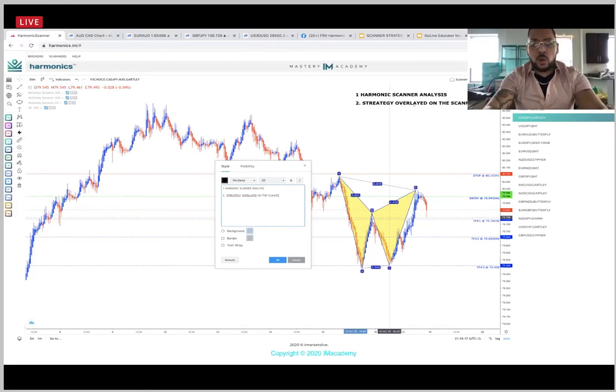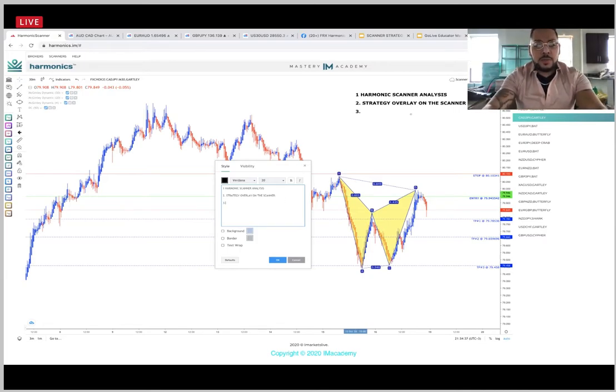I think I spelled that all wrong. Strategy. Don't judge me, I can't think, type, talk, and text. We have strategies overlaid on the scanner. This is something else that helps you increase the probability of the trade.